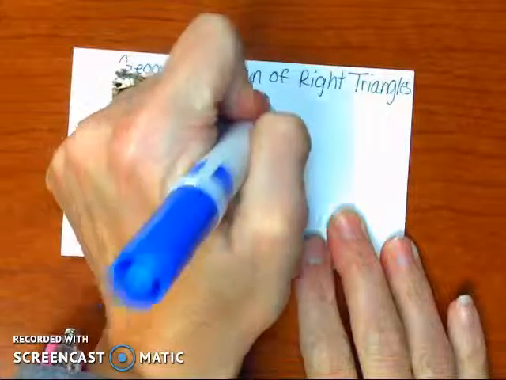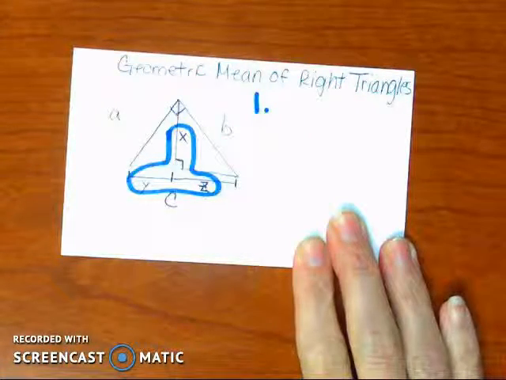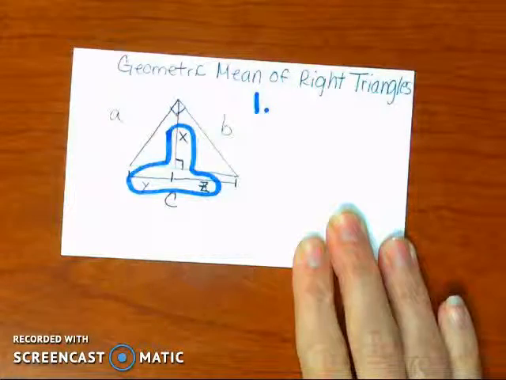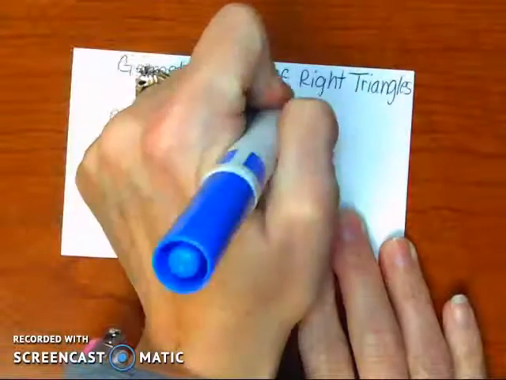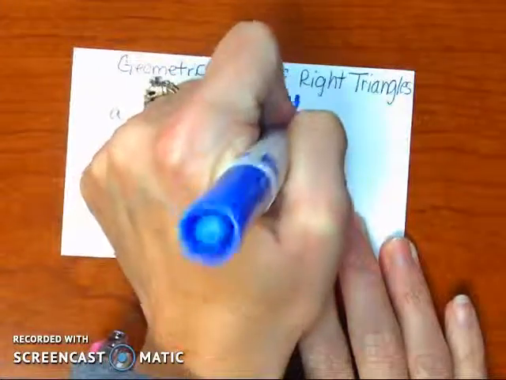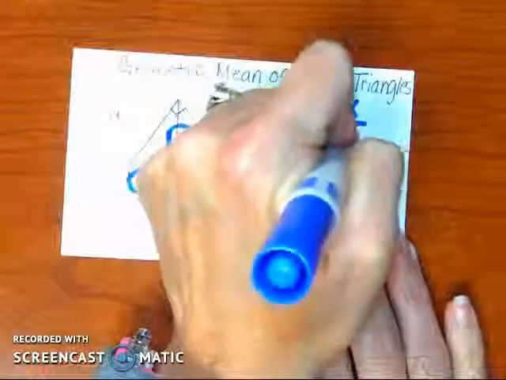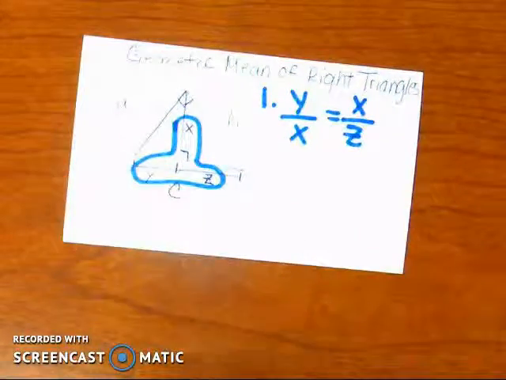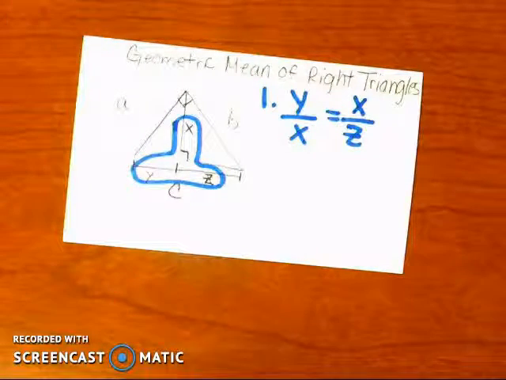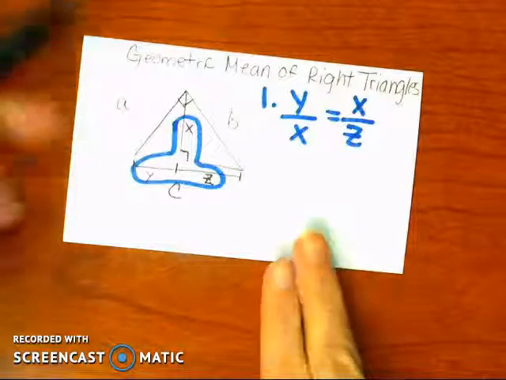So I'm going to write in blue the proportion that gets set up, and we always start on our left side. So I'm going to compare Y to X equals X to Z. That's my first proportion, and that's how the sides are related to one another.